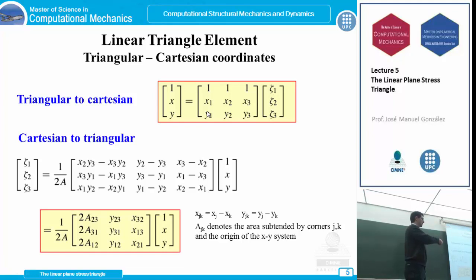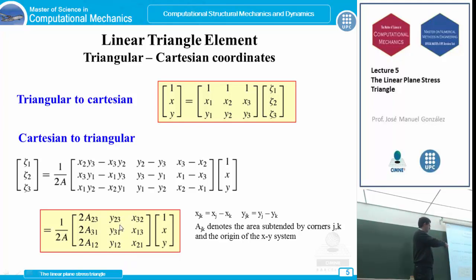These expressions can be inversed, and the inverse relation between these three triangular coordinates and the Cartesian ones is this expression here. We're going to use this expression in a moment, and to define this matrix here, look, we have this kind of terms and this kind of terms in a simplified notation. We express this triangular coordinates relation using this subindex, where this y23 and x23 represents this difference between y2 less y3.